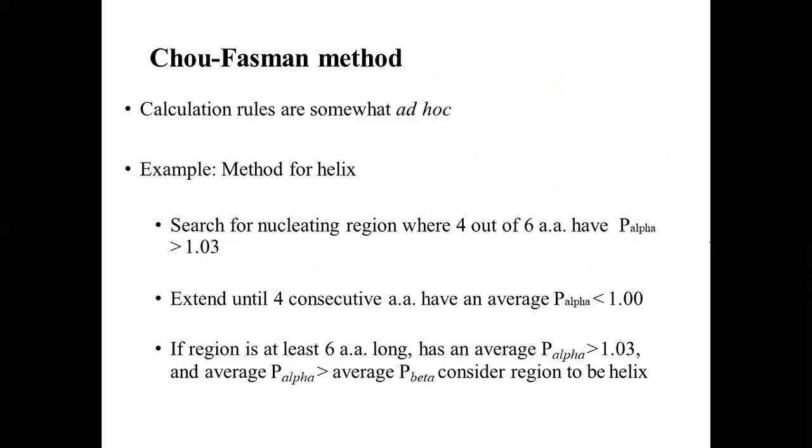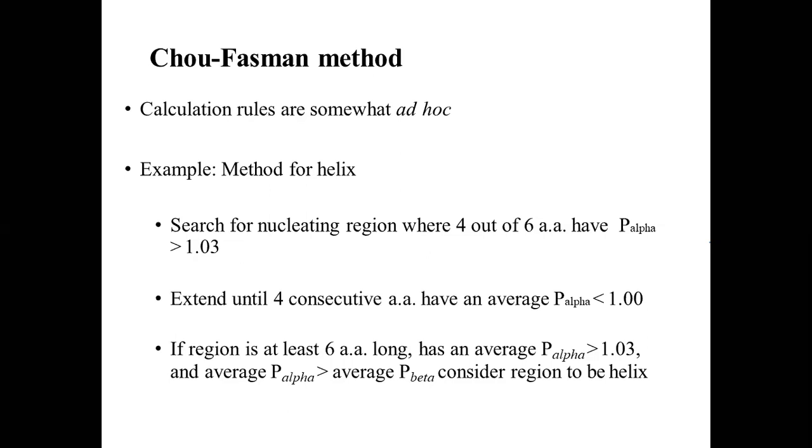If the region is at least 6 amino acids long, has an average propensity alpha greater than 1.03, and average propensity alpha greater than average propensity beta, consider the region to be helix. So these three rules will be followed, and then it will be in the alpha helix.